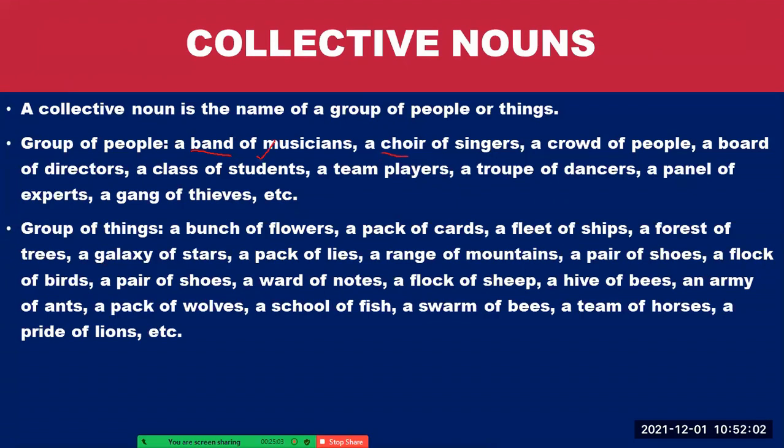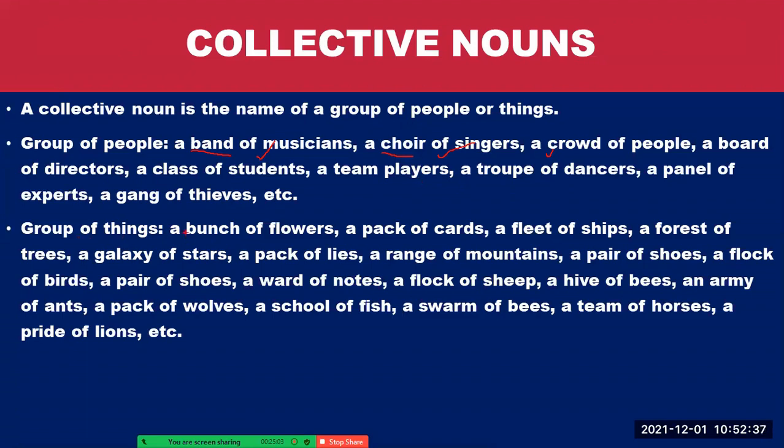Then a choir of singers, a crowd of people, a board of directors, a class of students, a team of players, a troupe of dancers, a panel of experts, and a gang of thieves. Now, these are various collective nouns referring to groups of people.